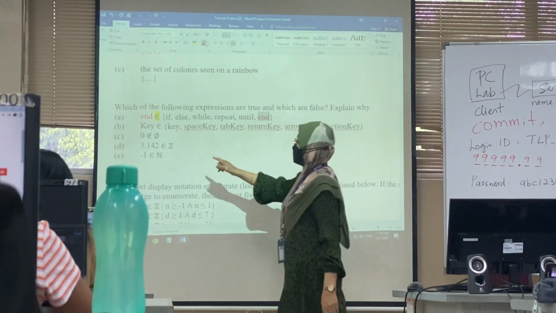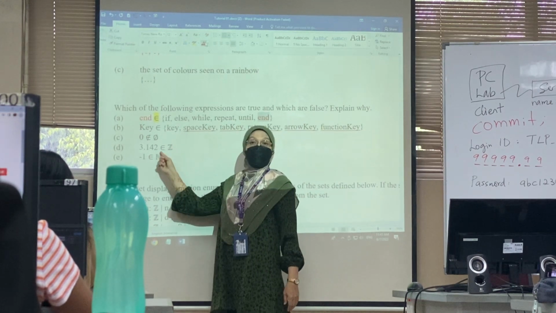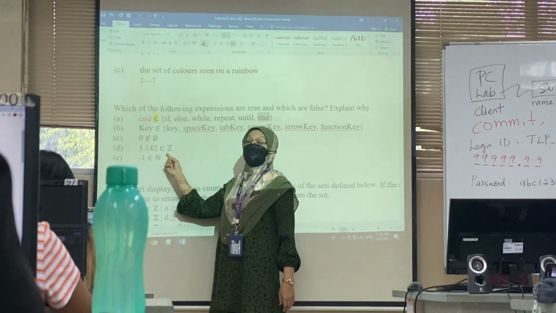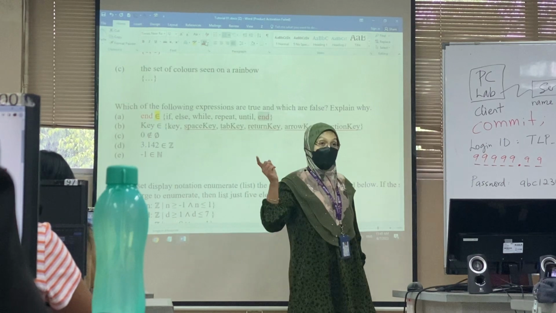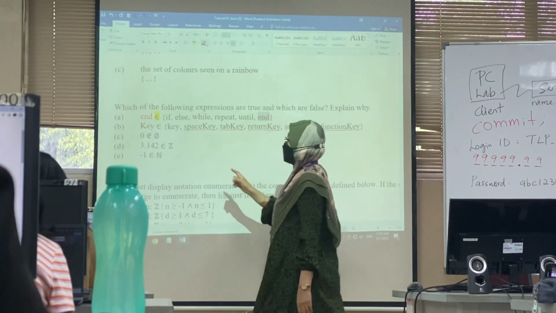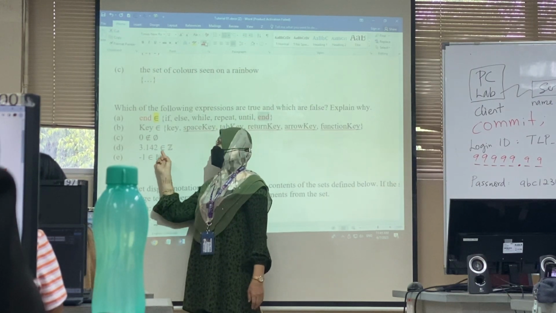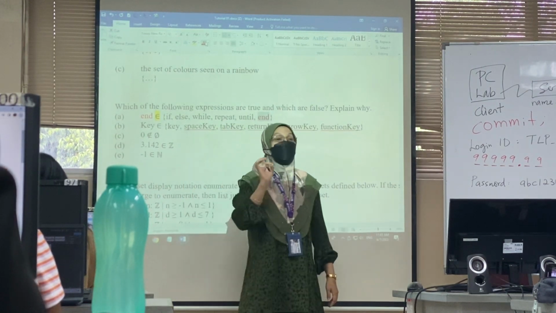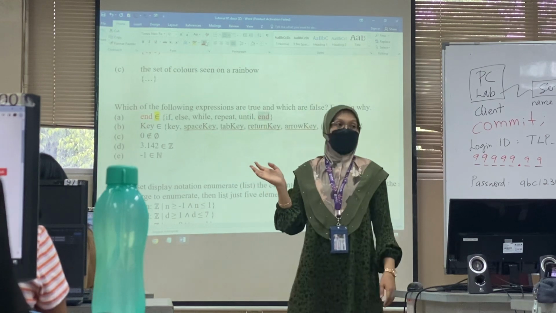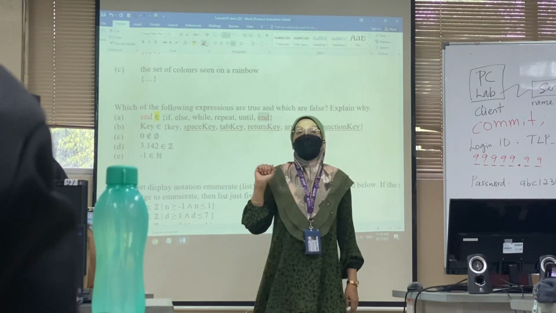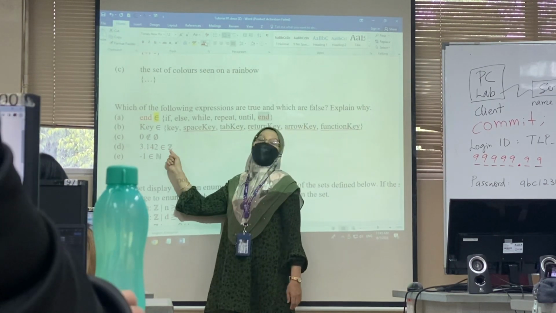Z is whole numbers, which can be positive or negative, whereas N is also an integer number, meaning natural numbers, which start from 0 onwards. So if you look at this, of course, false.